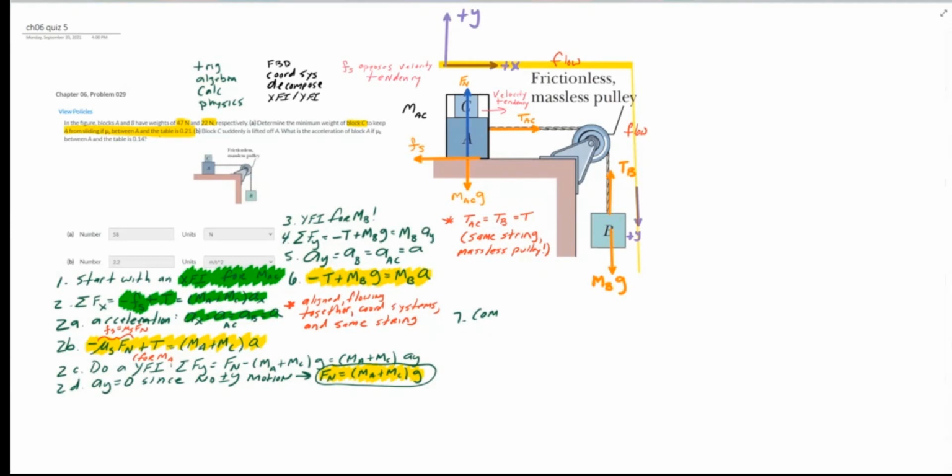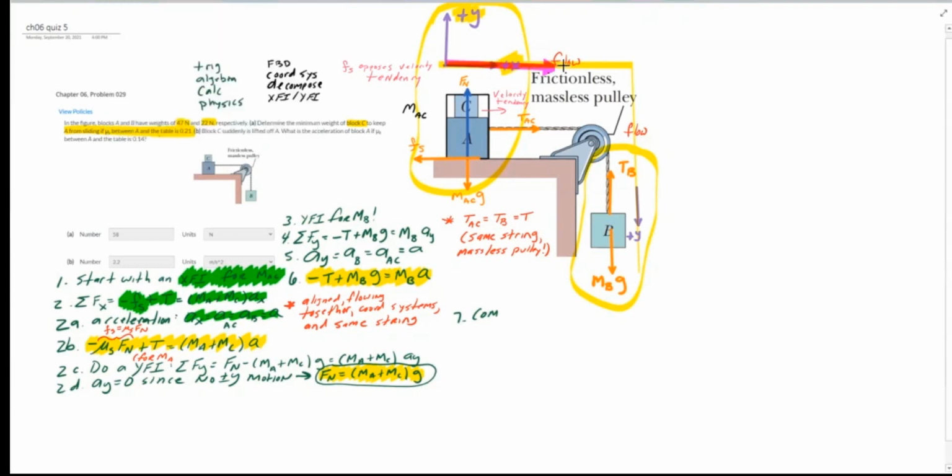So this Y coordinate here and this X coordinate here pertain to mass AC. All of this is the world of mass AC. This coordinate system here just pertains to the world of mass B. What links them together is, once again, the fact that they flow.